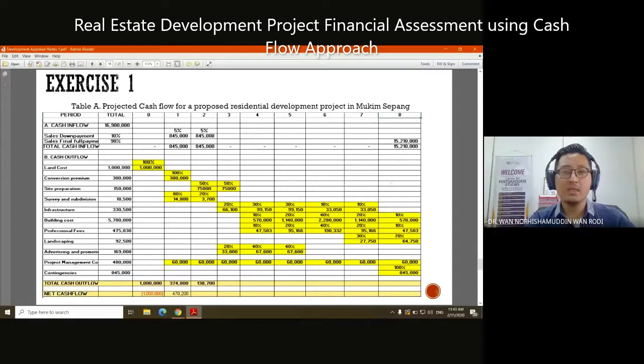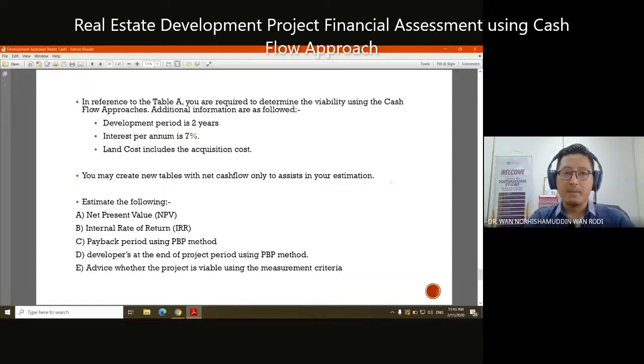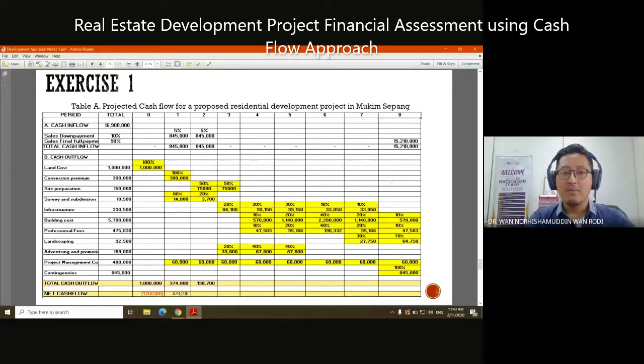Okay, next is exercise 1. So you can do it at home. You have to recreate this cash flow, and then you have to estimate the financial viability using the DCF or discounted cash flow approach, NPV, discounted cash flow IRR, and also you have to use the PBP method to estimate this project's financial viability.